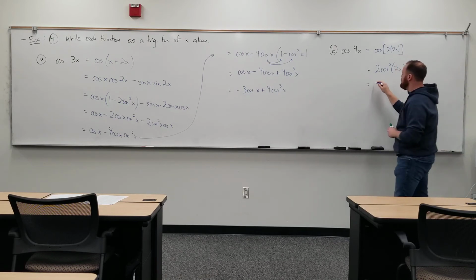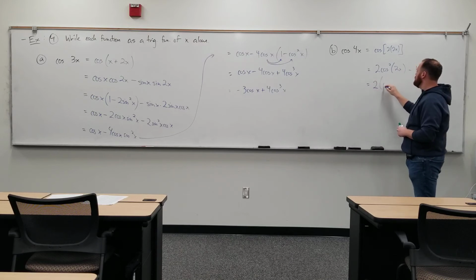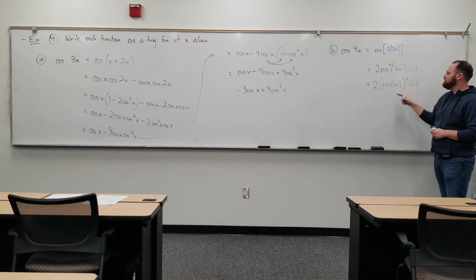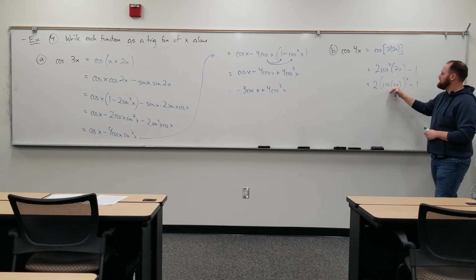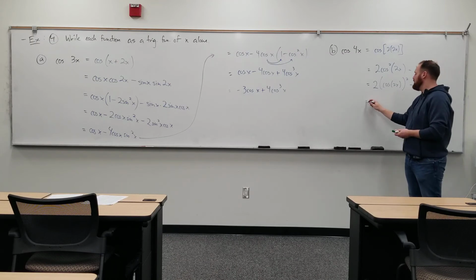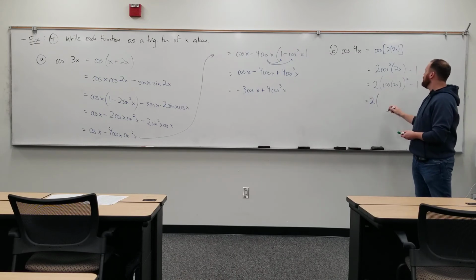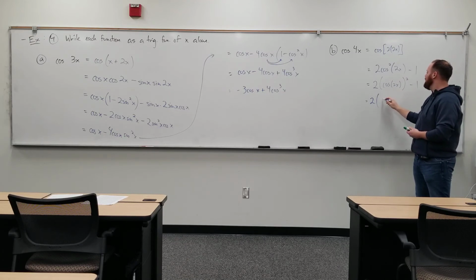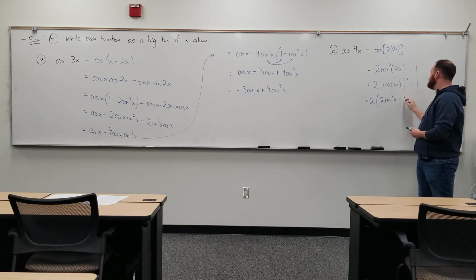So here's how I'm going to think of this. 2 cosine 2x squared. Okay, that's just by definition, right? But for cosine 2x, I'm going to apply the double angle formula again. I'll stick with the same formula and call this 2 cosine squared x minus 1.